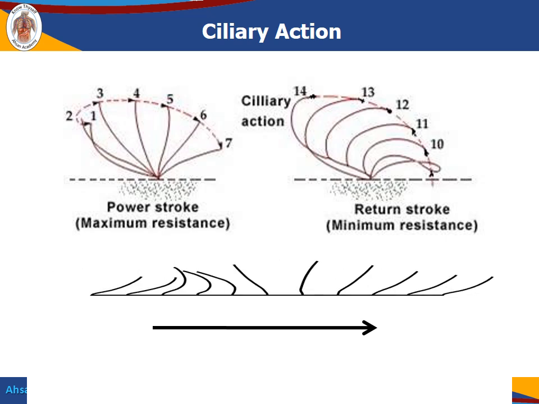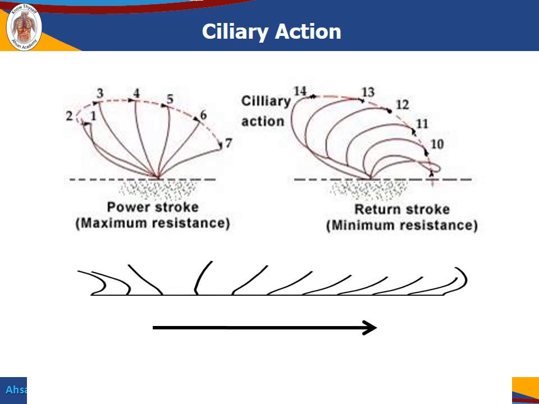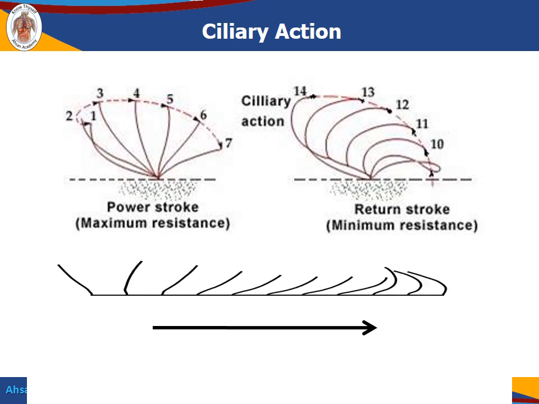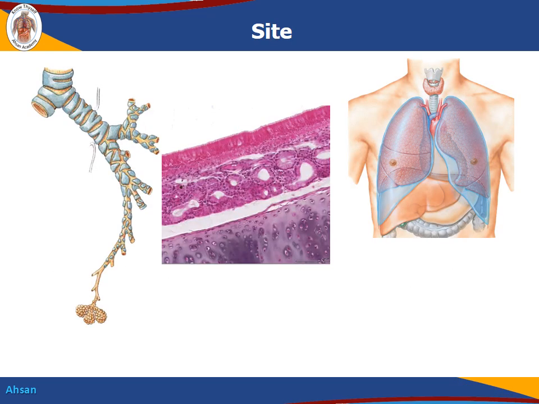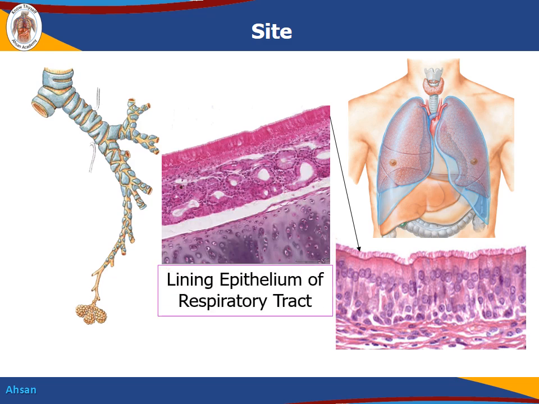Here it faces minimum stress, and then they make a power stroke with maximum stress to make a flow of the fluid over it. This is the epithelium of the respiratory tract, and cilia are typically present in this epithelium over the apex. So the lining epithelium of the respiratory tract is the best example of cilia, and that's why it is known as ciliated epithelium.